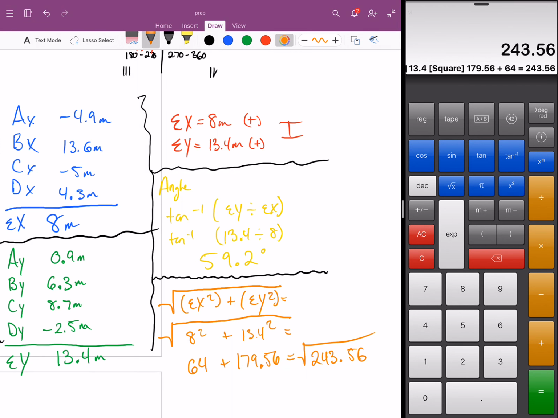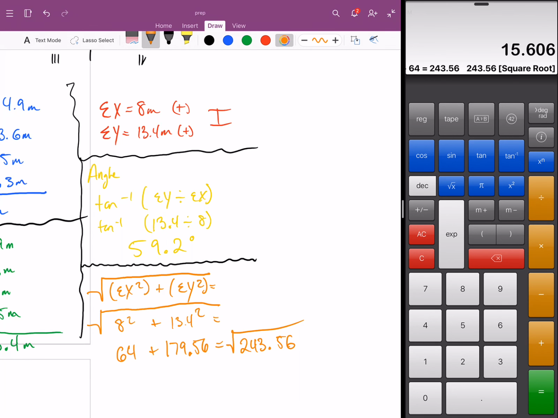Square root this: 15.6 meters. These represent your answers: the magnitude of the added vectors and its corresponding angle.